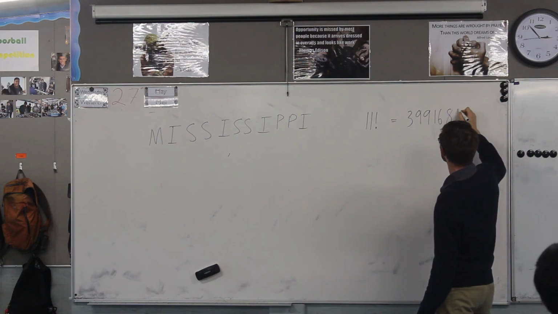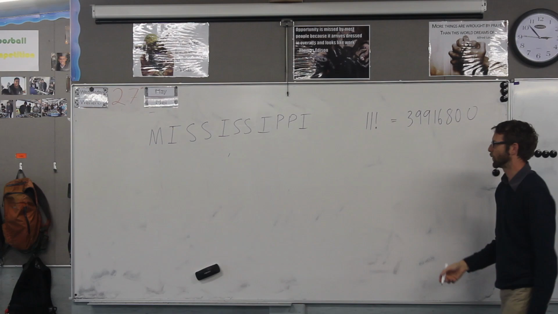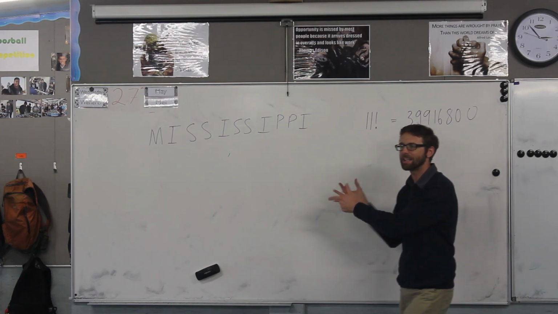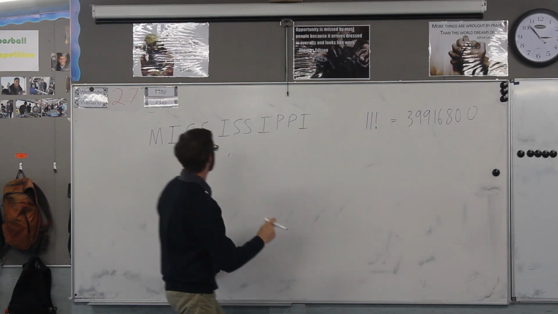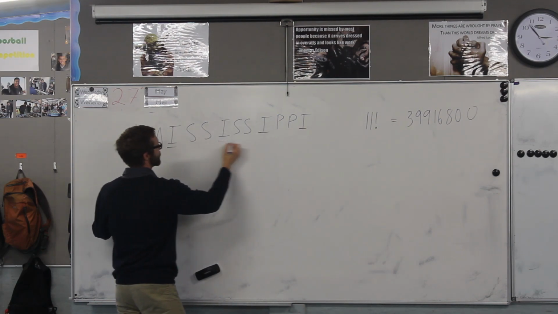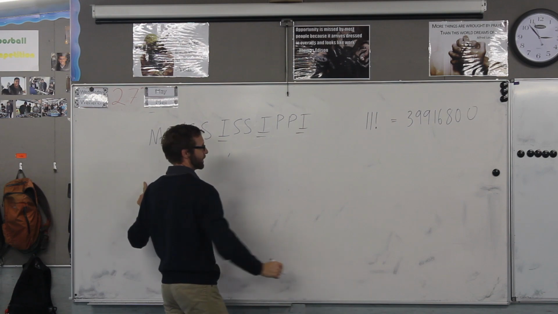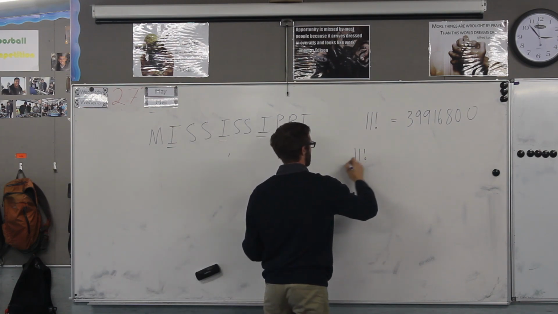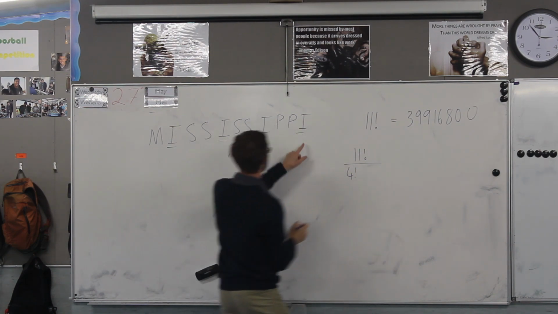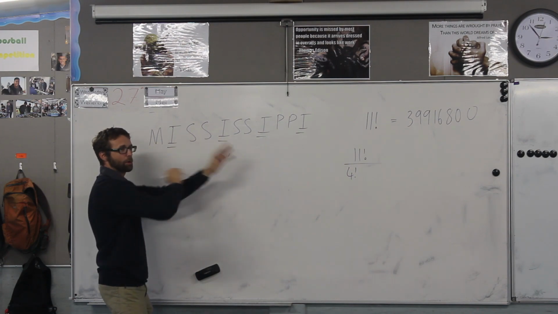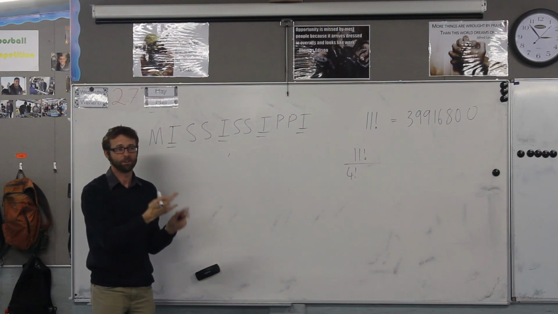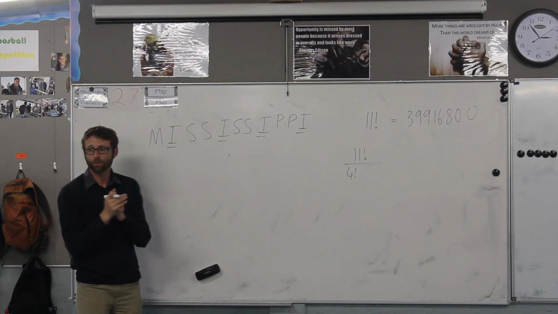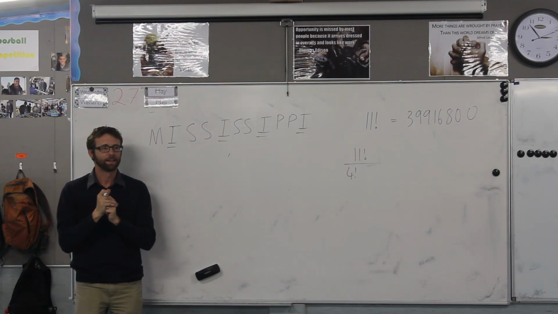Is that it? Okay, let's see how much having repeated letters reduces things here. So what have we got repeated? I's. Okay, so we've got 4. So 11 factorial. But we're going to have to divide it by 4 factorial because those can be rearranged in 4 factorial ways, and it doesn't matter for them how they're rearranged because they're exactly the same. But what else have we got in addition?